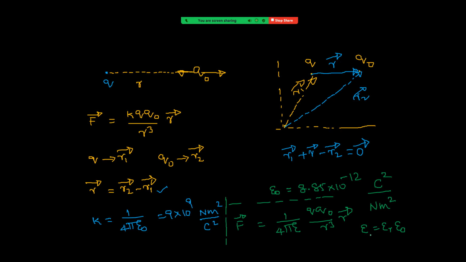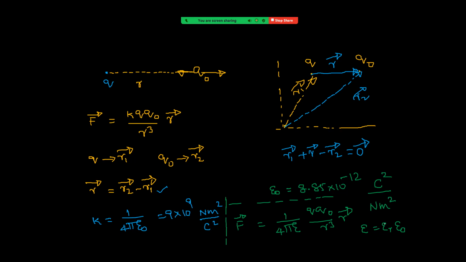And that is what we call the relative permittivity. So this has no units because it is a ratio of the same quantity, because these two have the same units. That's why this has no units. And this is also known as the dielectric constant of that medium.